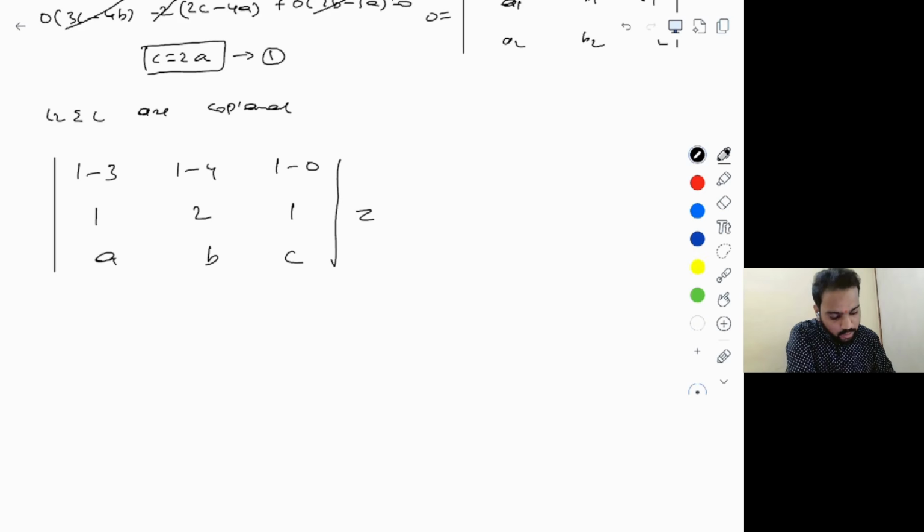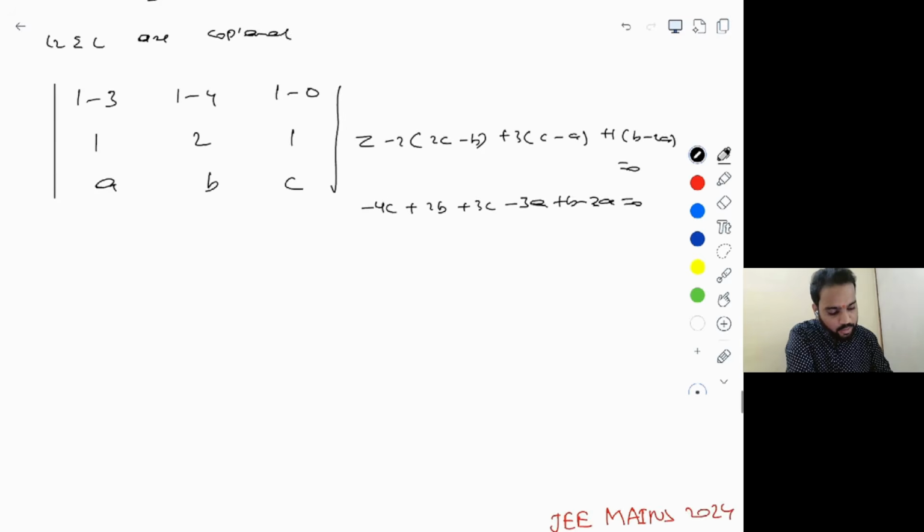This is minus 2 times of 2c minus b, and then plus 3 times of c minus a, and then plus 1 multiplied by b minus 2a is equal to 0. So let's expand. It is minus 4c plus 2b plus 3c minus 3a plus b minus 2a is equal to 0.